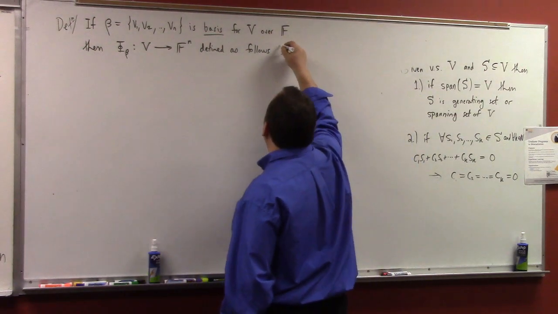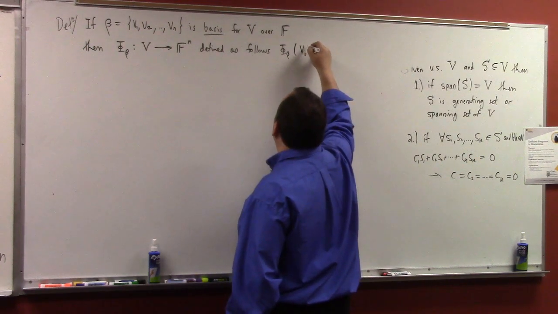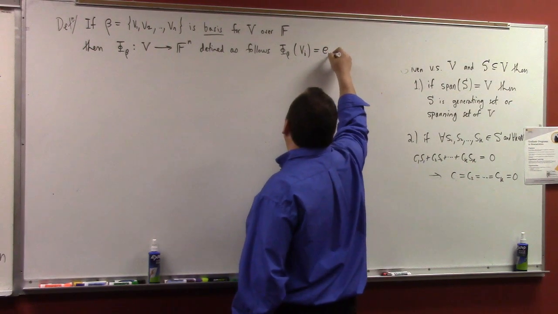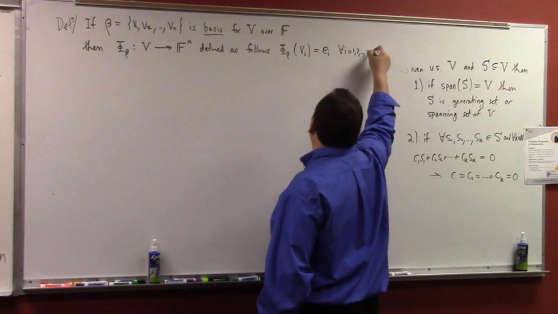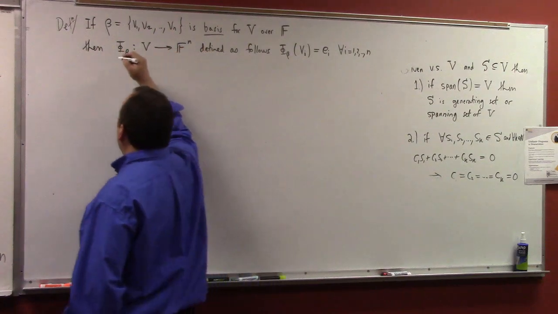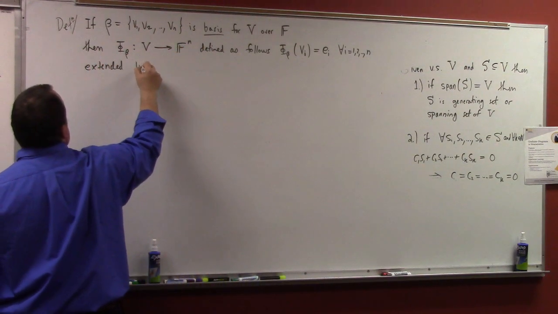Phi beta of Vi is equal to Ei for all i equals 1, 2, dot dot to n, extended linearly.